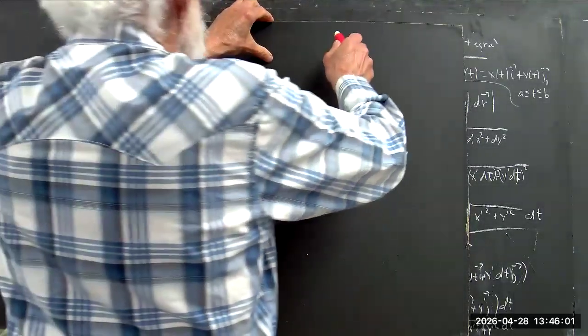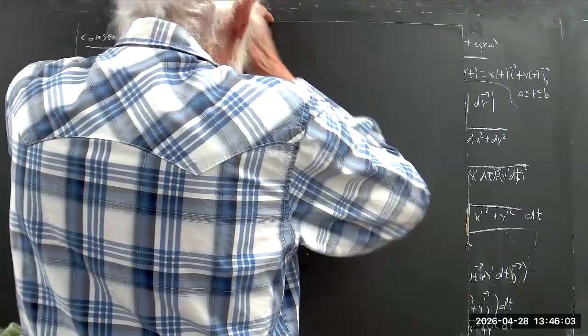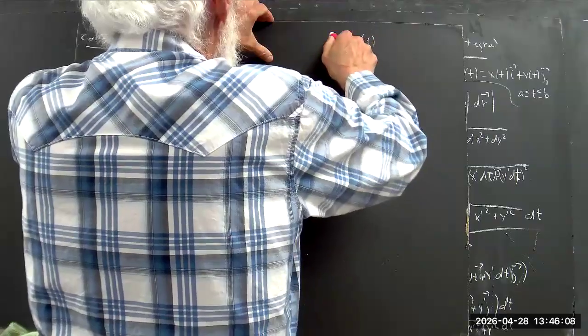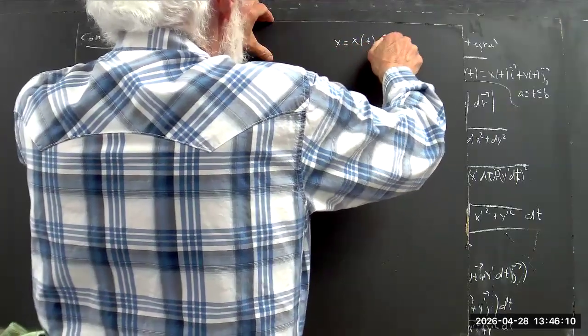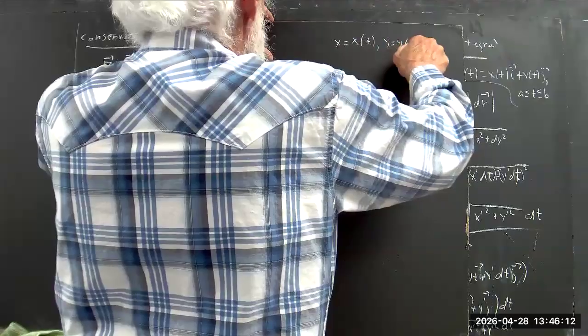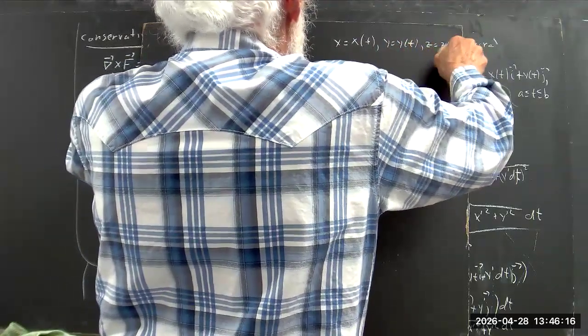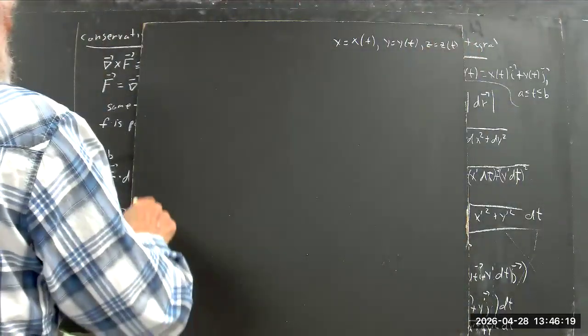Again, x equals x of t, y equals y of t, z equals z of t.